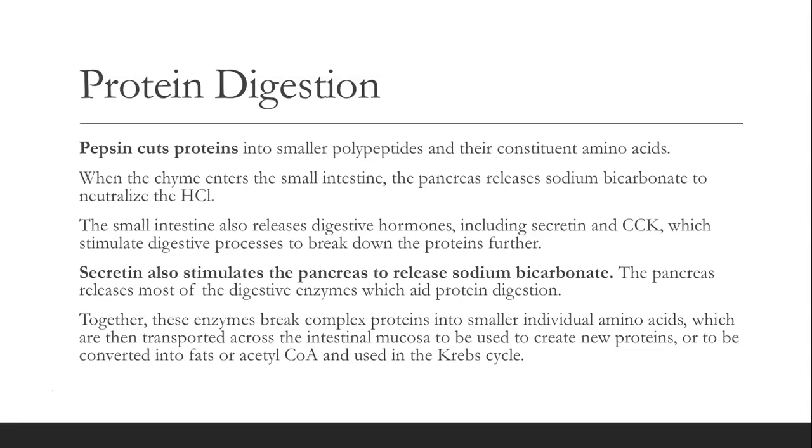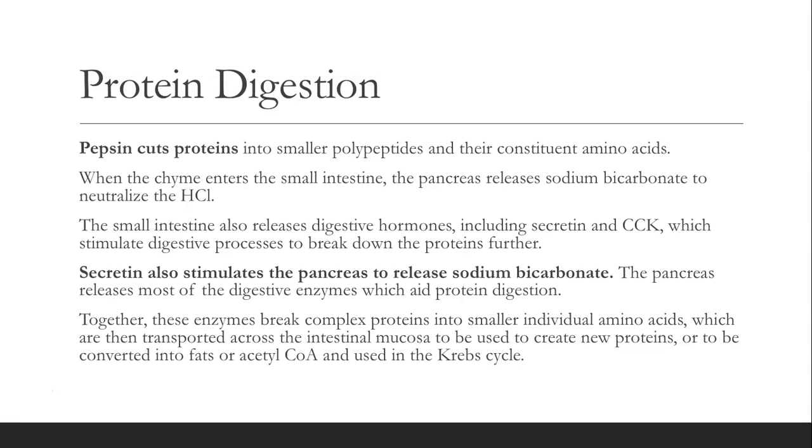And then when the chyme enters the small intestine, the pancreas releases sodium bicarbonate, which neutralizes the HCl so you don't burn any of the rest of your body. And the small intestine also releases digestive hormones, including CCK, which stimulates digestive processes to break down the proteins further, and secretin that stimulates the pancreas to release more sodium bicarbonate.